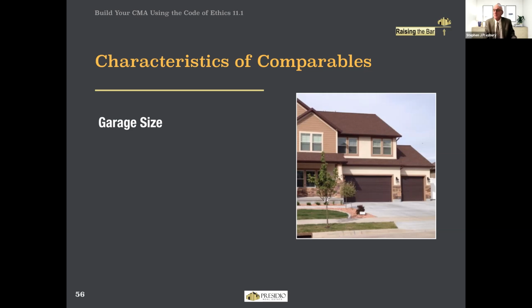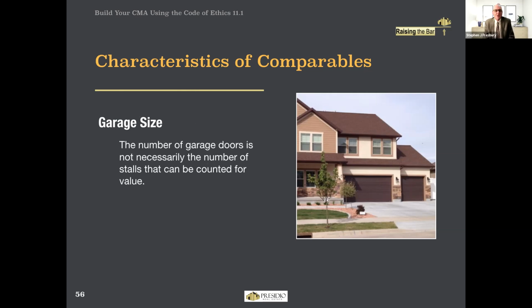But either way, the size is really important. So this is something we need to be aware of, and sometimes we might get distracted on this. Even though we might think that's a 3-car garage, you know, double and a single, it might not be so. That single may be a double.